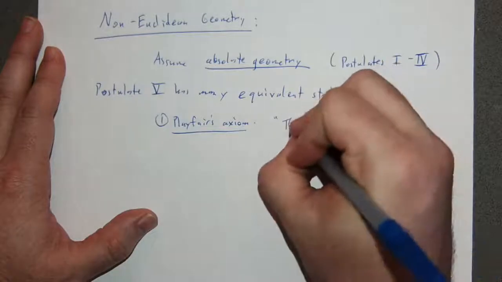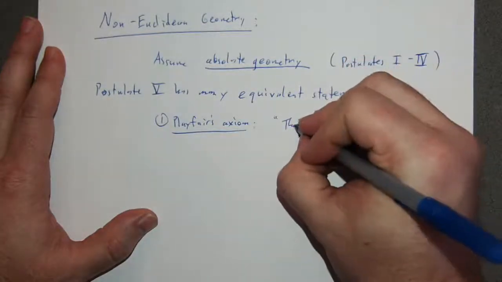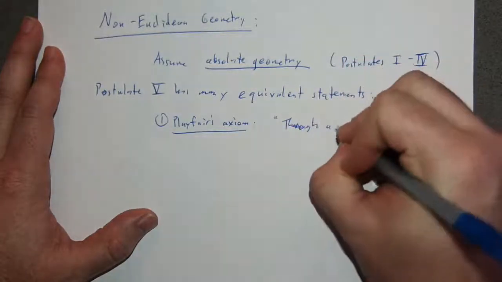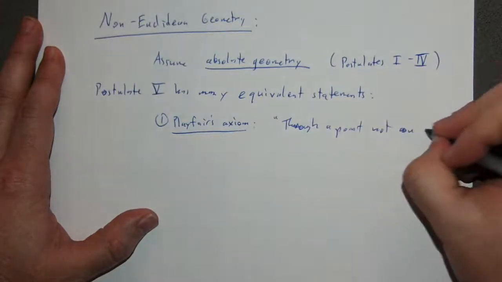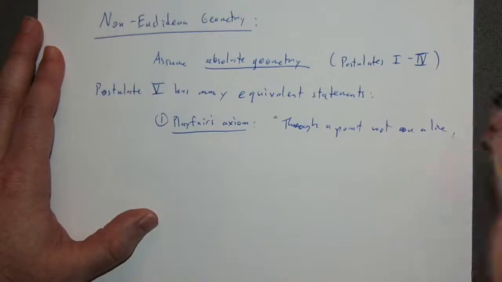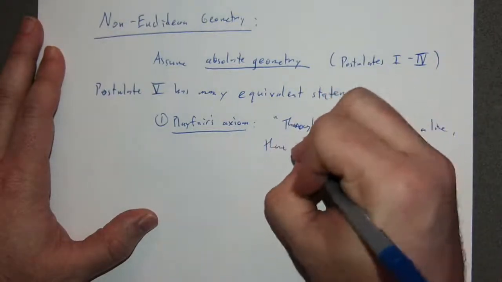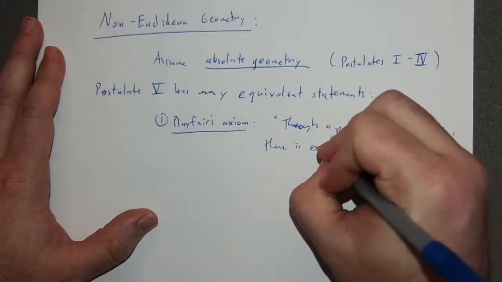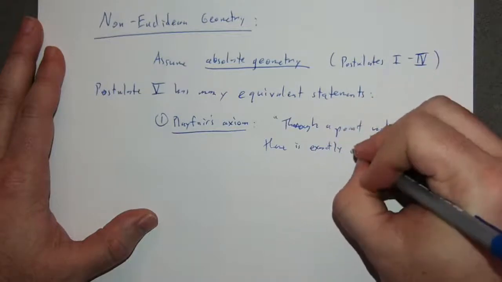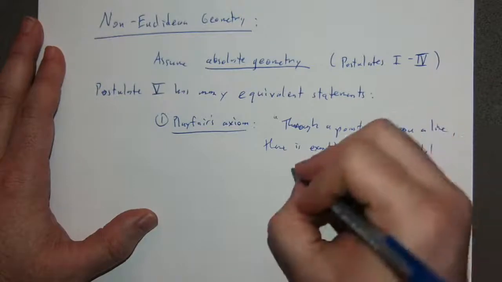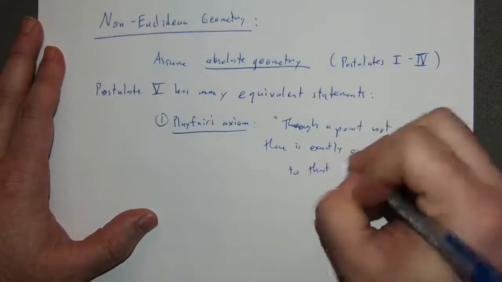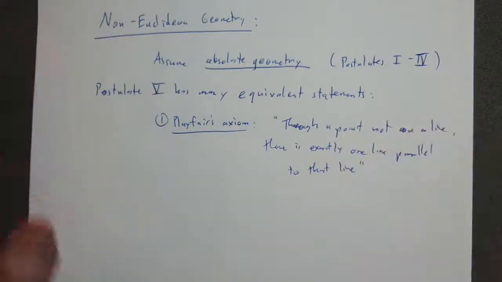Through a point not on a line, there is exactly one parallel line. So there's exactly one line parallel to it. Okay, this is probably the most commonly encountered version.